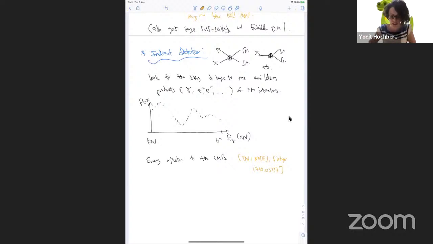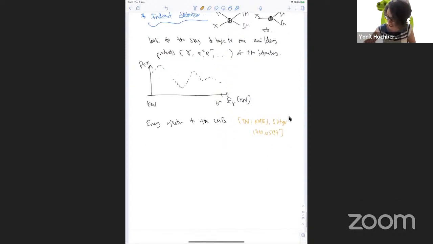But if there's one number you want to take away from this, let's say for decaying dark matter, depending on the final state and all of this, you'll find that the lifetime of the particle should be larger than somewhere between 10 to the 24 and 10 to the 28 seconds.